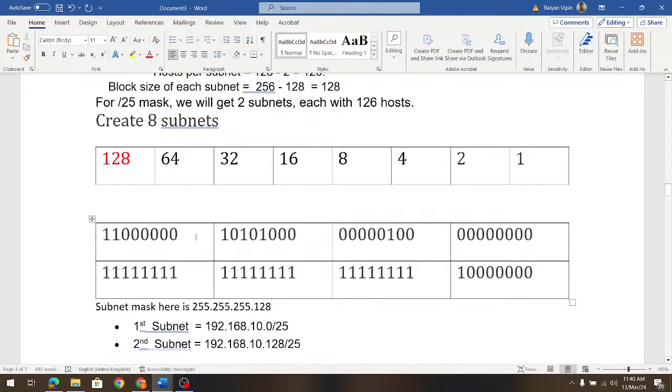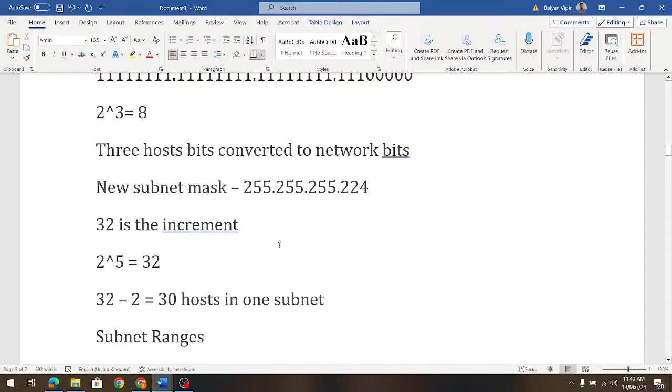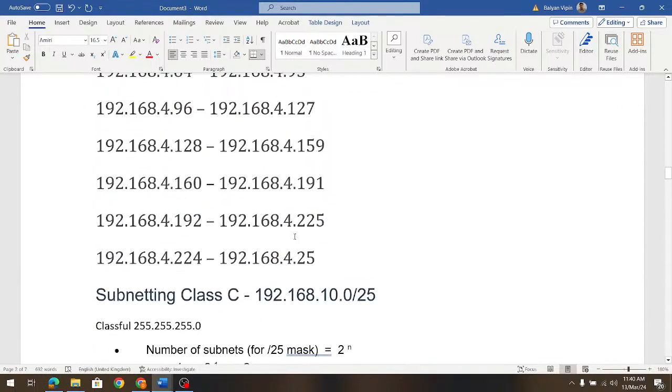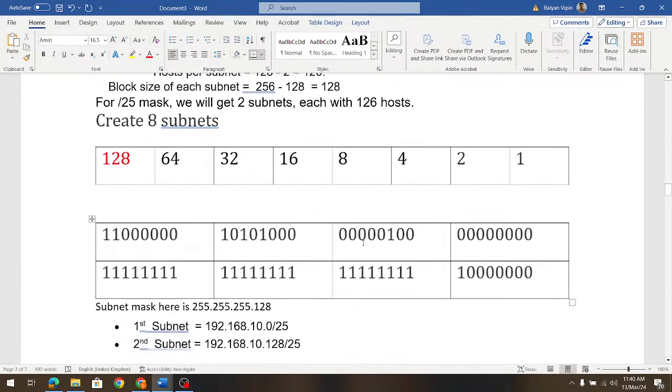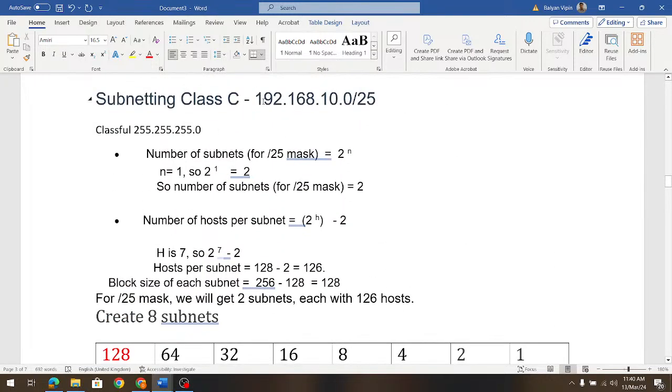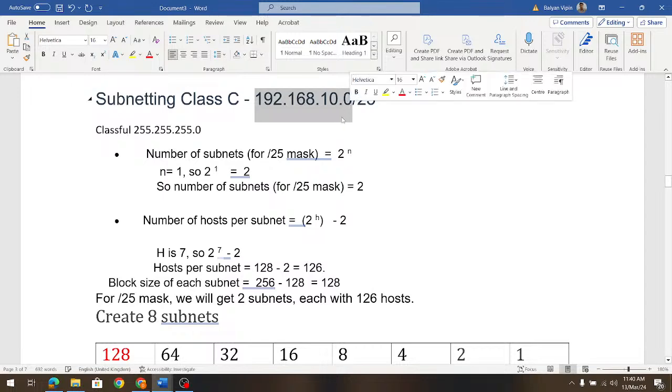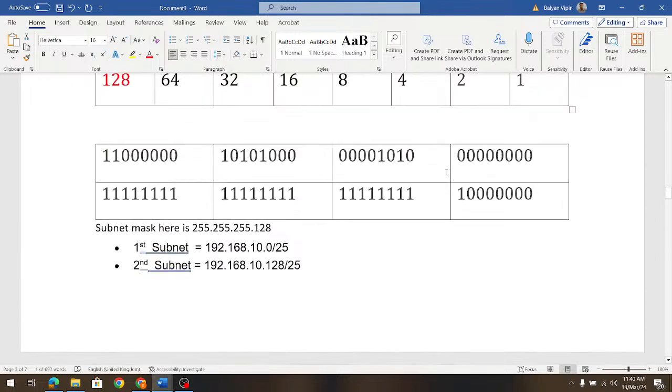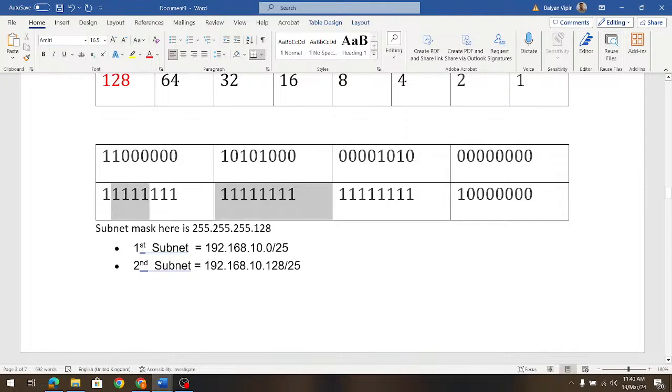Okay, and how will we find the first subnet? We have 192.168, and then 10, which in bits is 1 0 0 0 0 0 0 0... this is the number of bits corresponding to this, and this is my subnet mask.